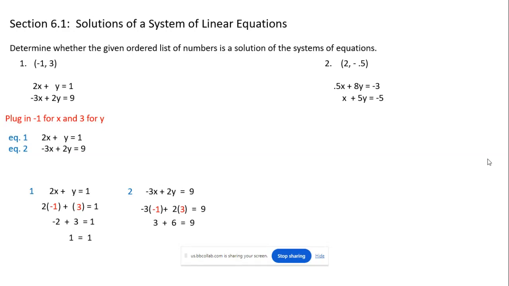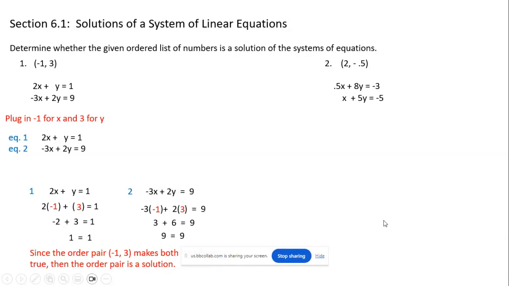Negative 3 times negative 1 gives me positive 3. 2 times 3 gives me 6. When I add 3 plus 6, I get 9. Hence, it also gives me a true statement. So this point, negative 1, 3, is a solution of the system, because it gave me a true statement for both equations.